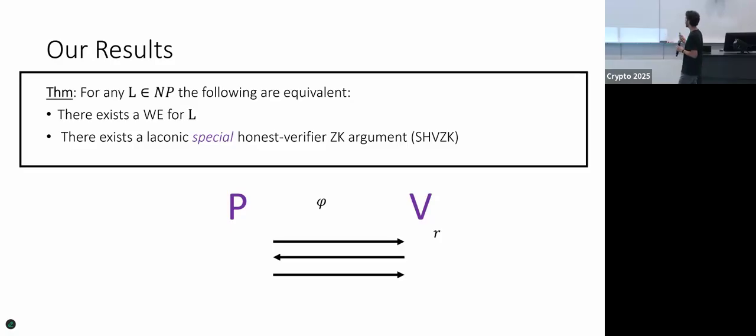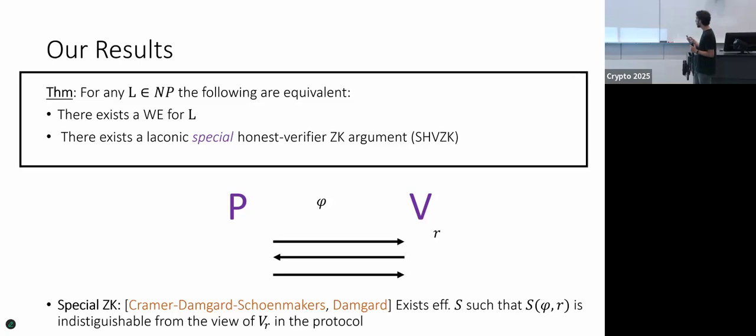So what is special honest verifier zero knowledge? As I said, in zero knowledge, we require that there exists a simulator that simulates the view of the verifier, which means that it samples both the randomness of the verifier together with the messages the verifier sees in the interaction. In special honest verifier zero knowledge, the simulator gets as input the randomness of the verifier, and it simulates the messages the verifier gets.